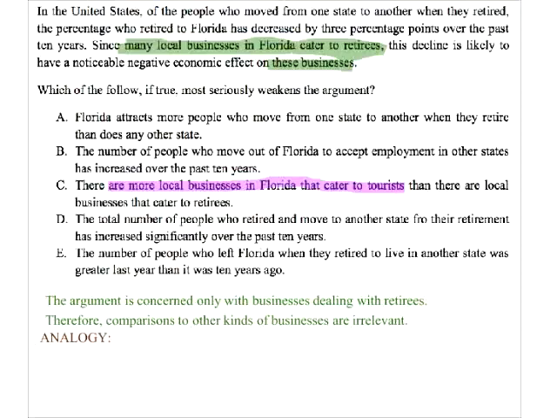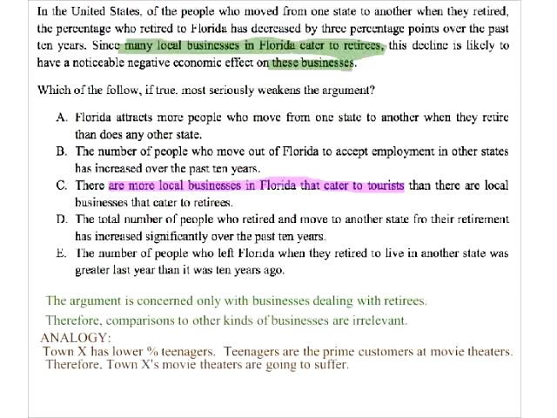Town X has a lower percentage of teenagers now. Therefore, Town X movie theaters are going to suffer. So this has the same problem as the previous argument does.